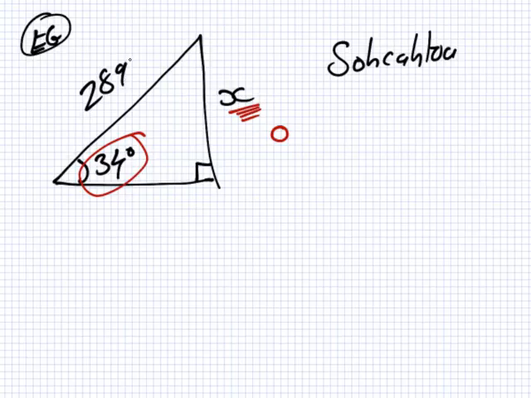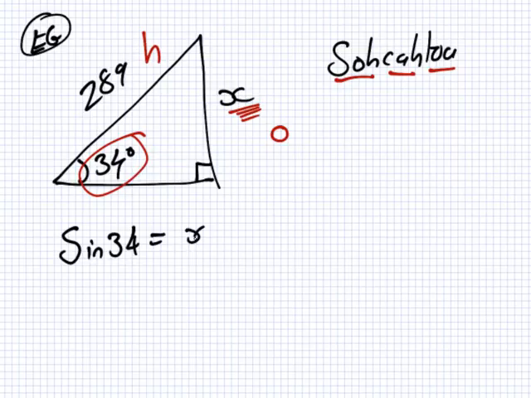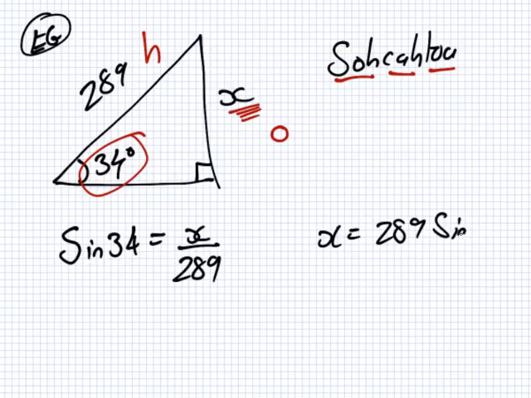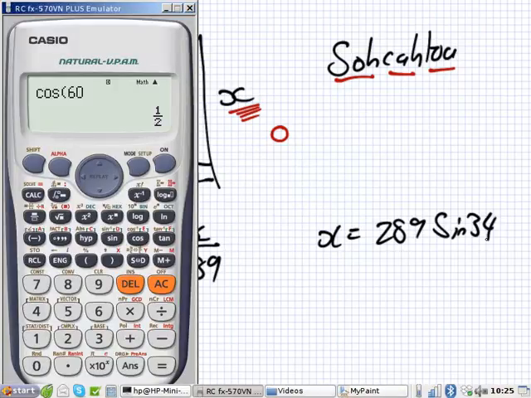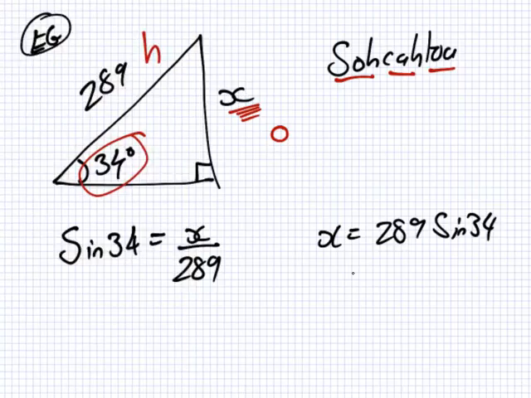Opposite. And this side? Hypotenuse. So which do I need? SOH, CAH, or TOA? SOH, yeah. So I can say sine 34 equals x over 289. So that means x equals 289 sine 34, which is 162 about.